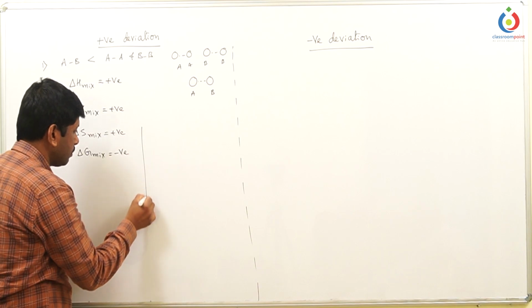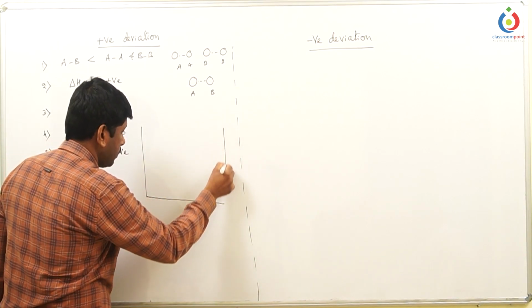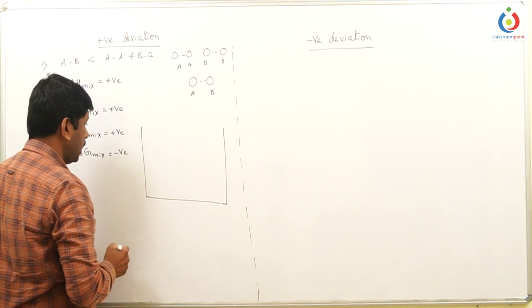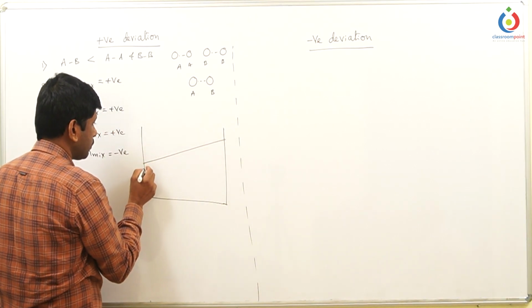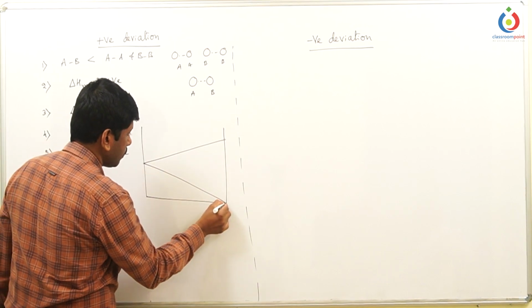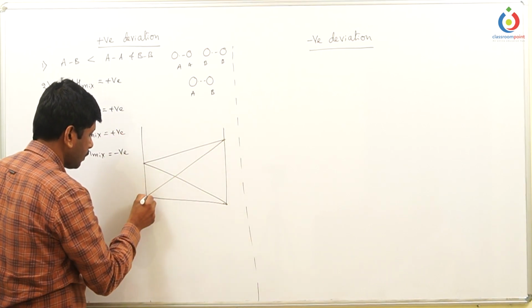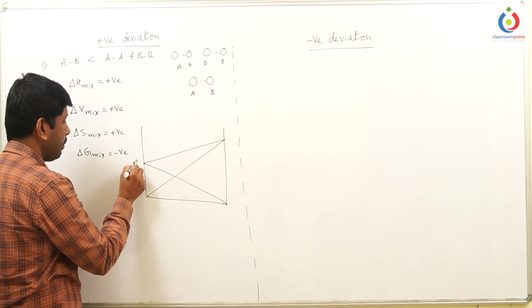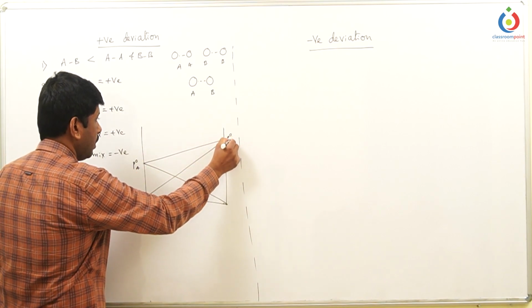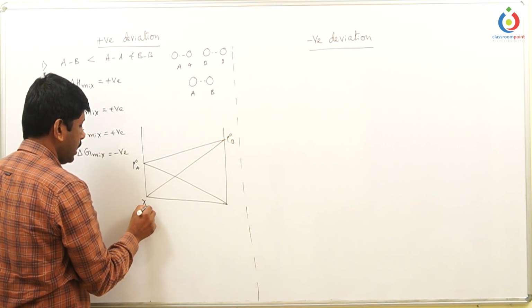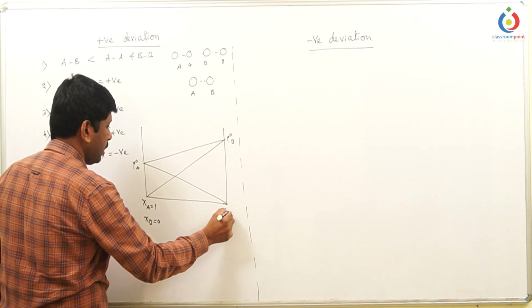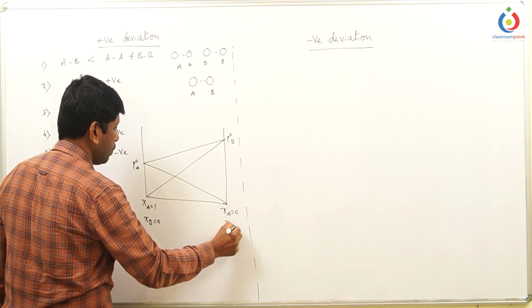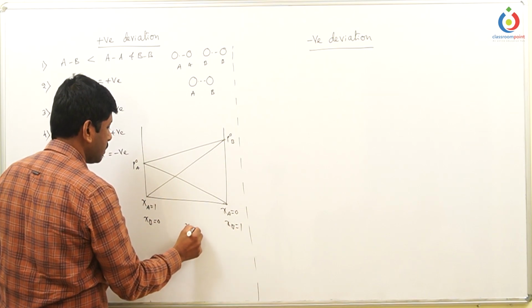If we take a graph, that is the Raoult's law graph, we know that, so this type of graph we have taken: P naught A, P naught B, XA equals 1, XB equals 0. Here XA equals 0, XB equals 1. So XB varies.